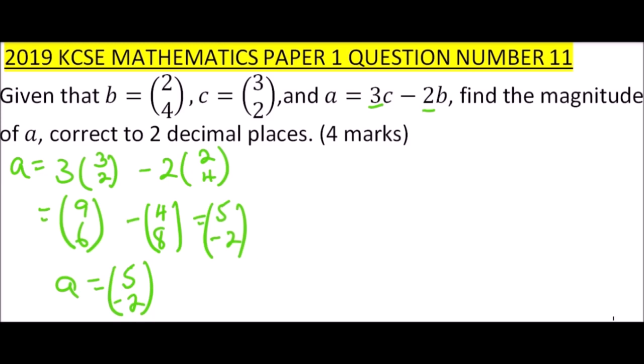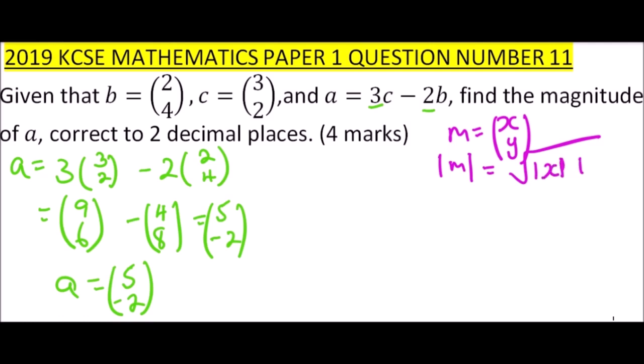Now from there, we need to get the magnitude. So if you are given that M is equals to (x, y), that is a column vector, the magnitude of M is equals to the square root of x squared plus y squared. This means that if the value is negative, then its magnitude is positive.